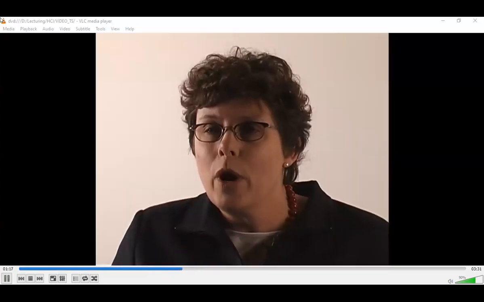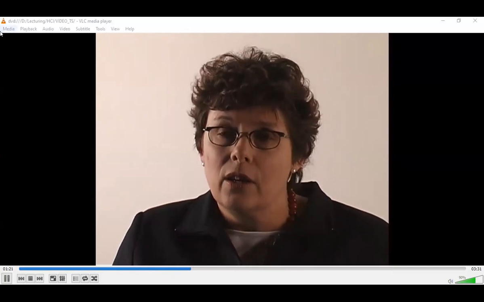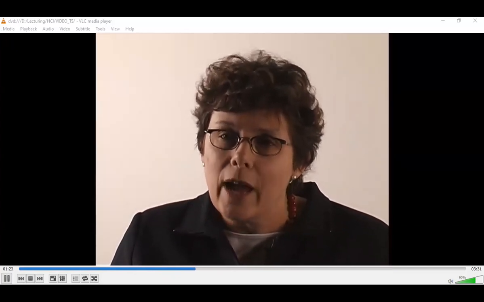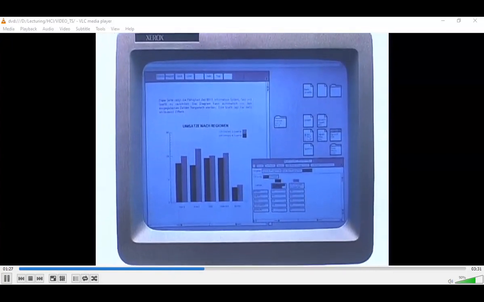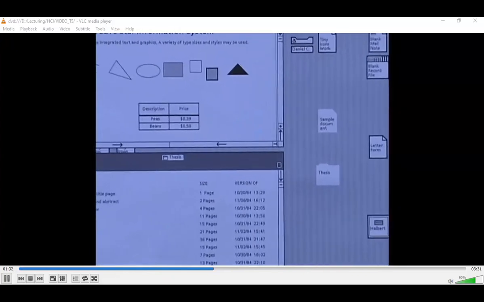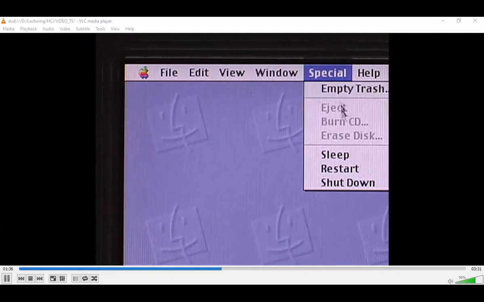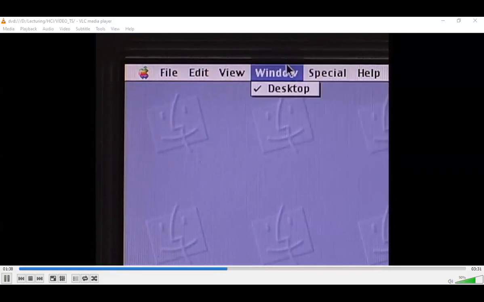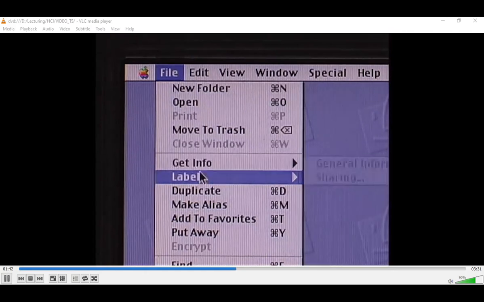You need to know where you are in the system, what you can do next, where you can go, and what's going to happen when you've gone there. I think the Star interface and the Apple Macintosh interface were very important in this way, that with a menu at the top of your screen, you have laid out for you all the possibilities, and it's very clear how you access them, what you can do, and what's going to happen.